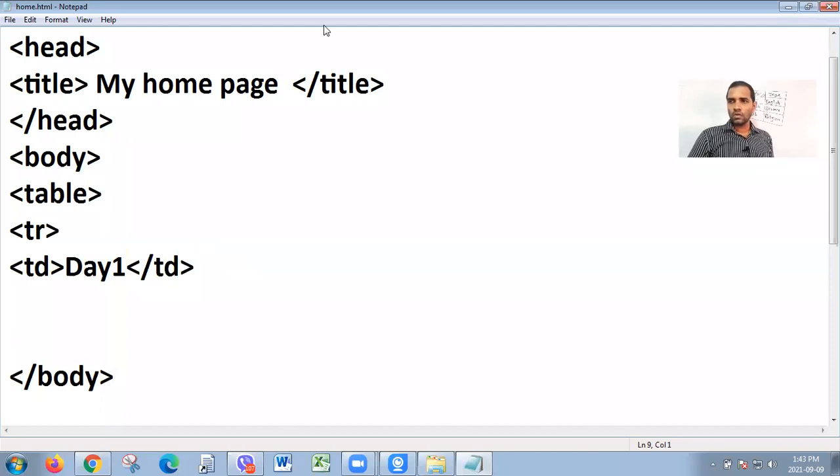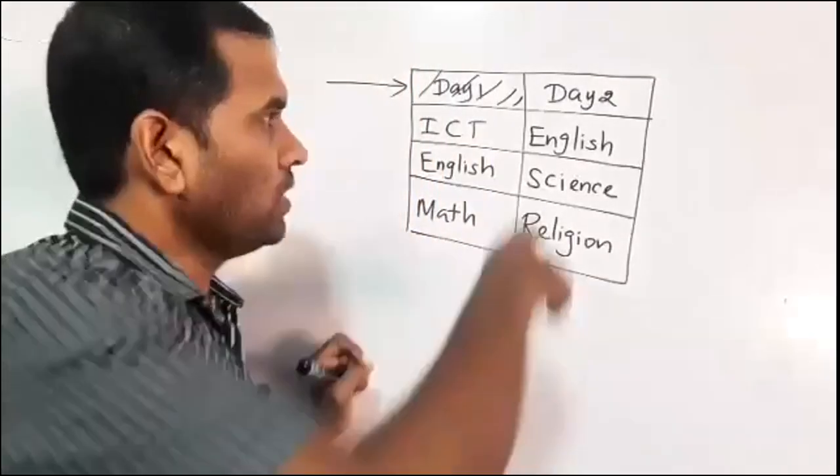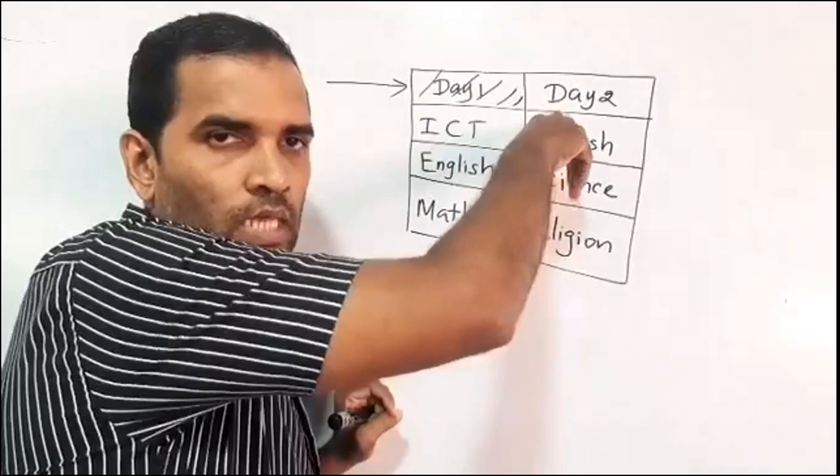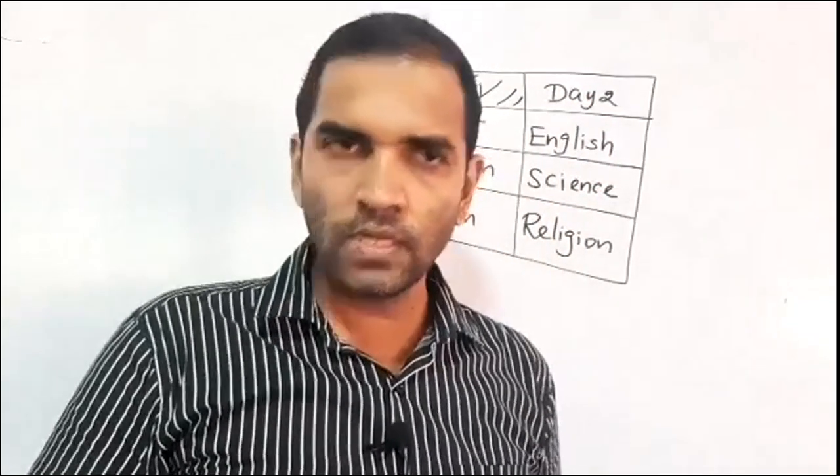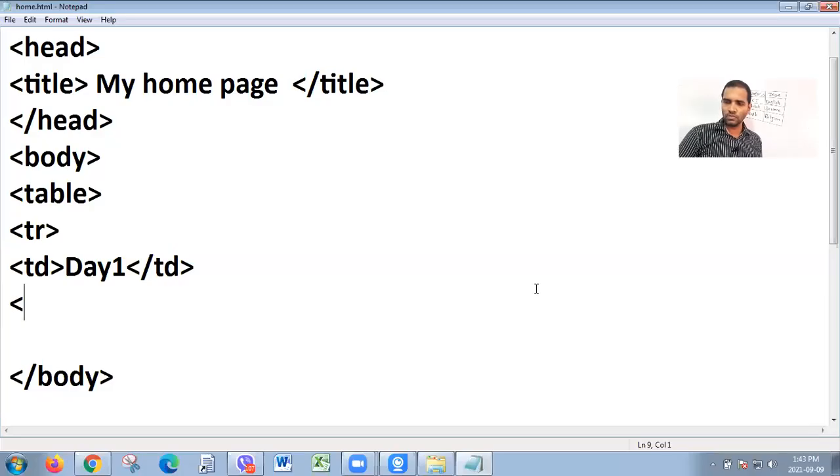Look, in the same row, we have another cell. That cell has Day 2. So it's time to create the second cell in the same row. Go to the next line and use another TD. Now we are creating another cell, but this time it must have another word, Day 2. And then close the TD.